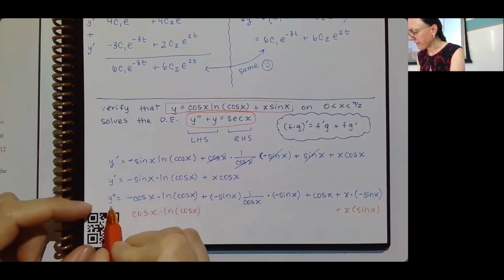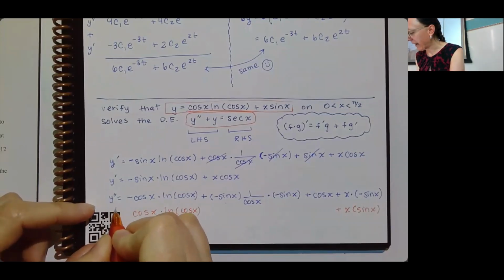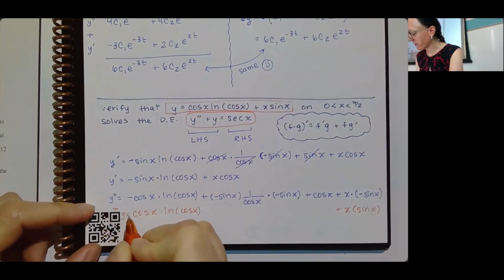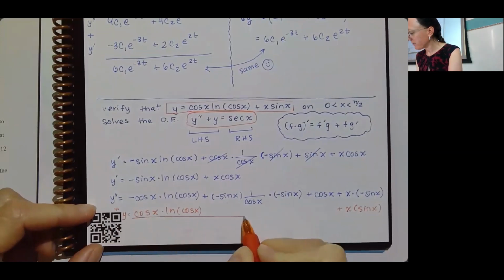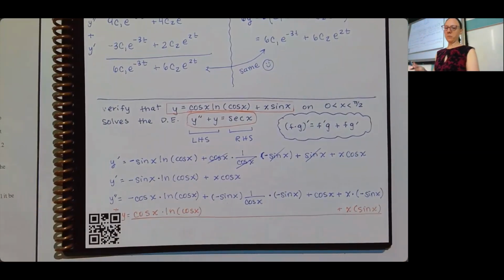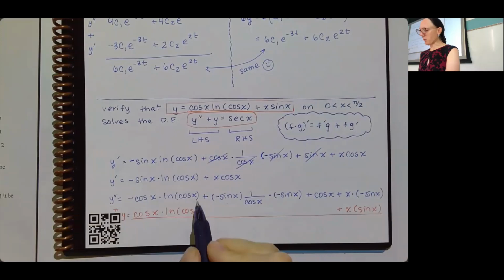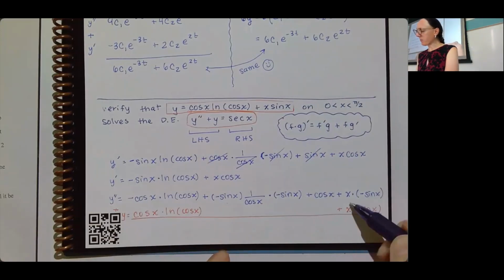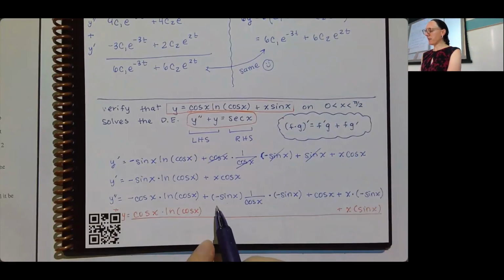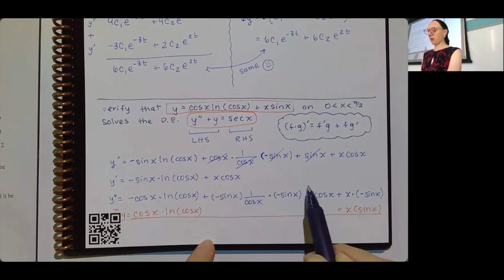So when I take that y double prime and I add in what y equals, these parts will cancel out. These parts will cancel out, and I'm just going to be left with this part in the middle. That's the part that I'm going to write on my next page.